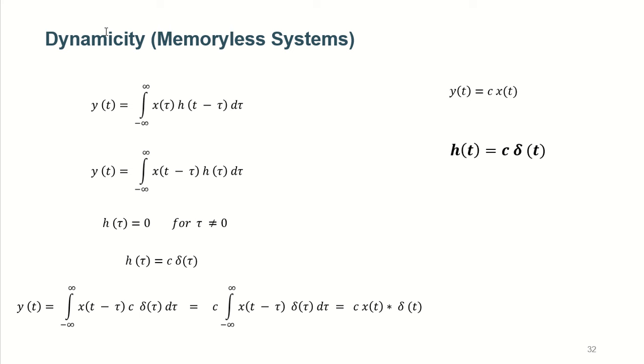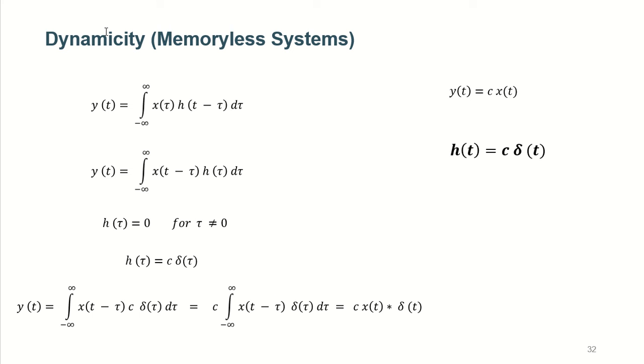So instead of x of tau into h of t minus tau, you can also write x of t minus tau into h of tau. We will do exactly that: write x of t minus tau in place of x of tau, and h of tau in place of h of t minus tau.